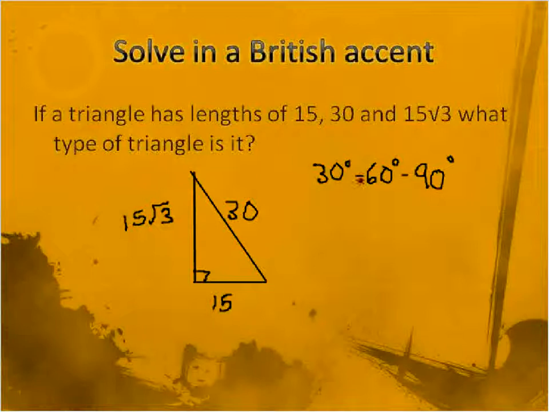So that's the solution to this question. We need to remember those patterns, and when we see 3 lengths, we should be able to determine whether it's a 30, 60, 90, an isosceles, a scalene, or a 45, 45, 90 triangle.